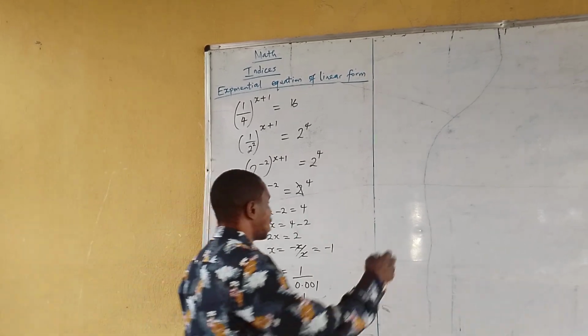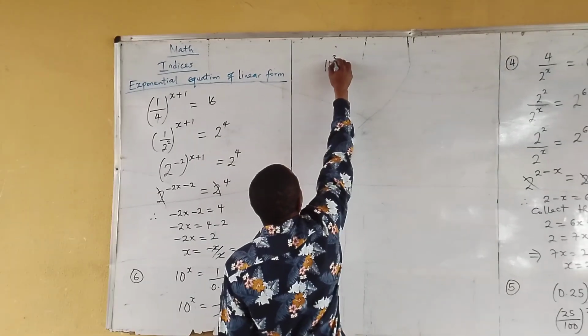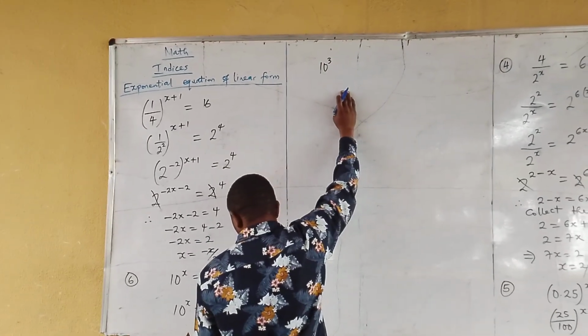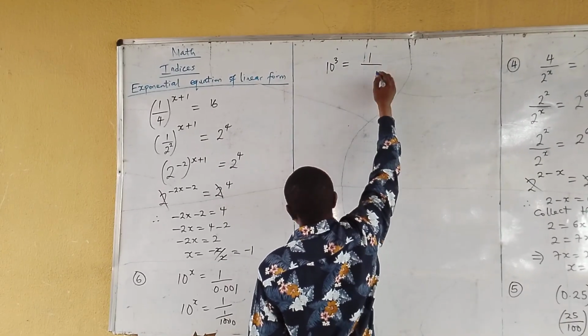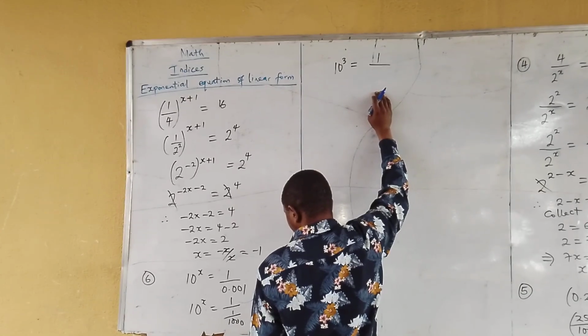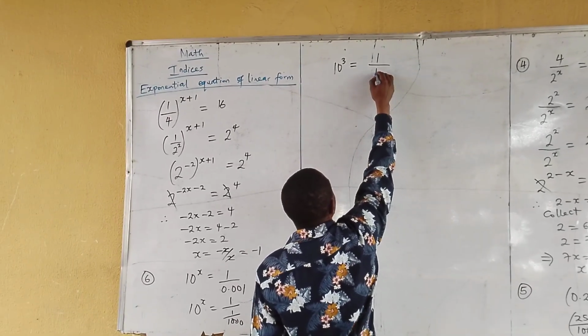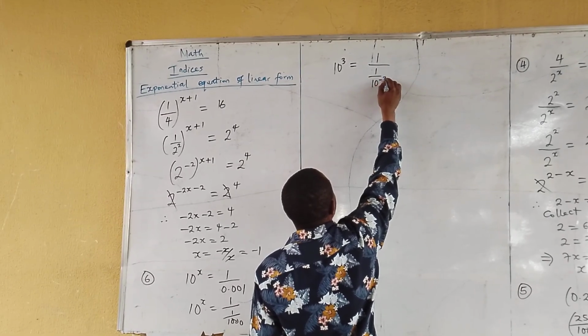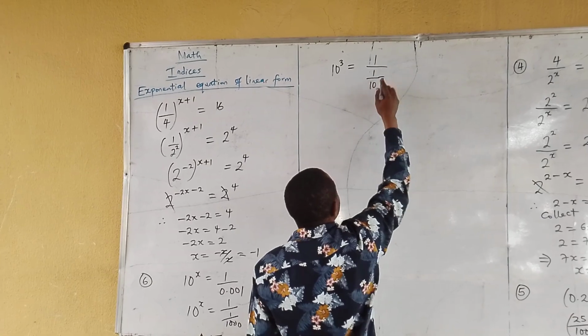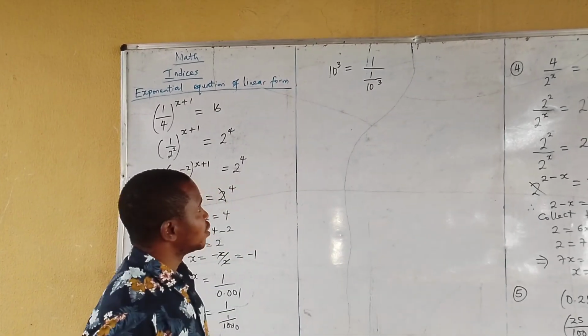So we are going to have 10 raised power x equals 1 over 1000. Don't forget that 1000 will be 10 raised power 3.